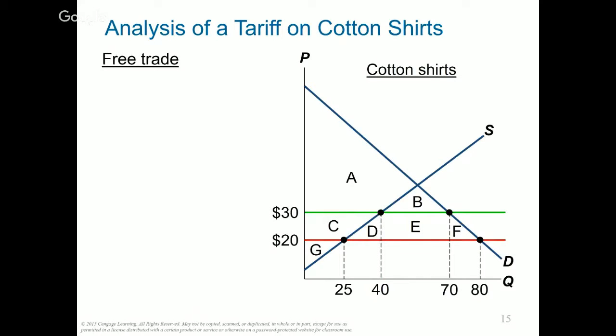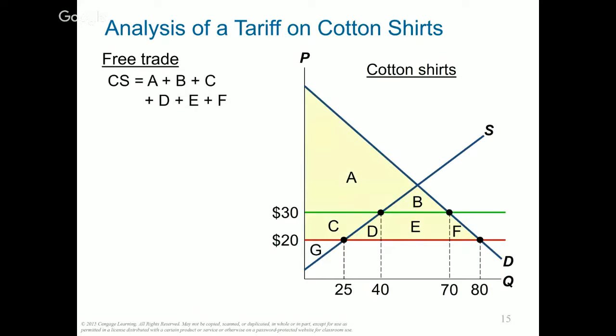With free trade, so with no government intervention, when the price is still at 20, your consumer surplus will be this big triangle over here. So below the demand curve, above the price line, so A, B, C, D, E, F, this will be all your consumer surplus.